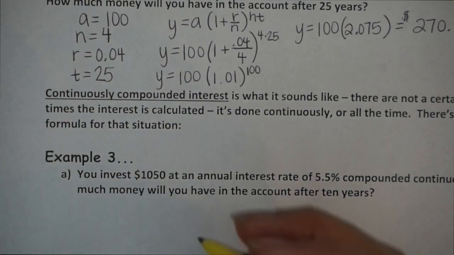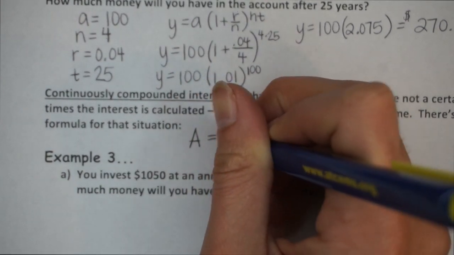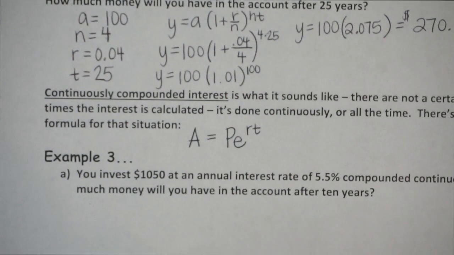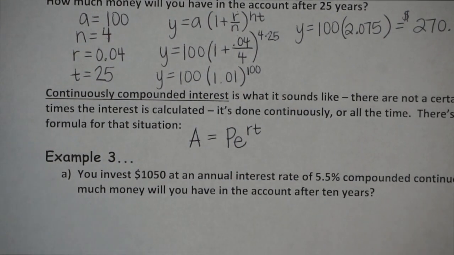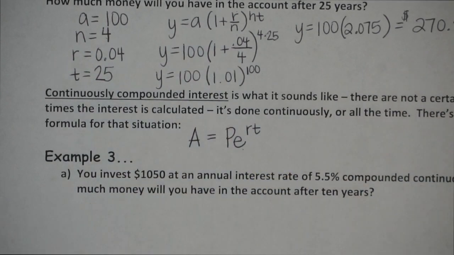The equation is A is equal to P times E to the RT. So we're going to talk about E later on, but E is a number in itself. It's kind of like pi. It is a number that never ends. And we do have the E button on our calculator.